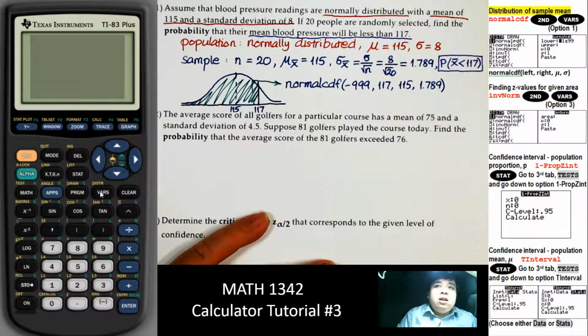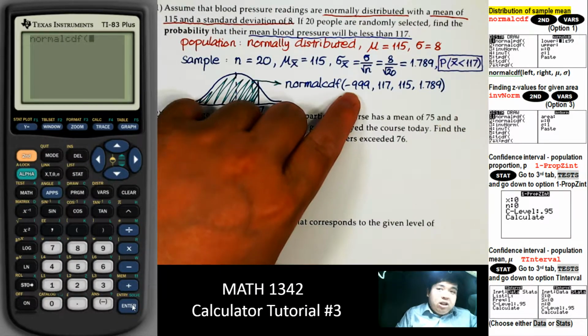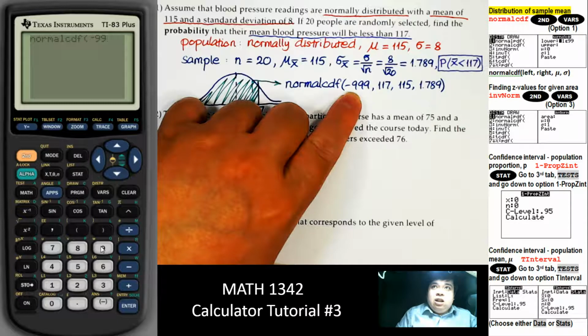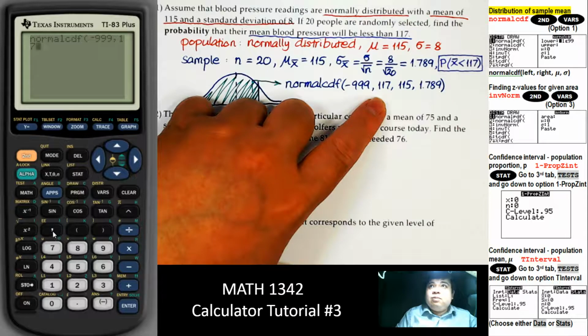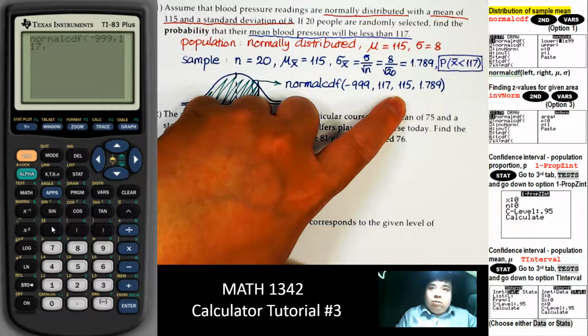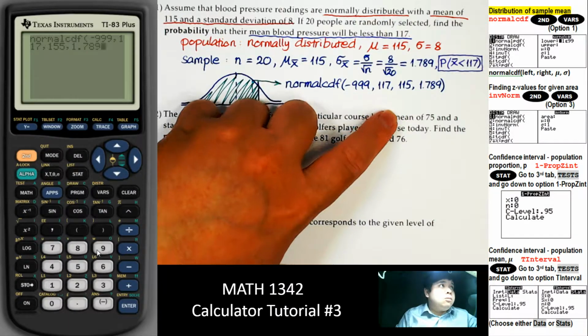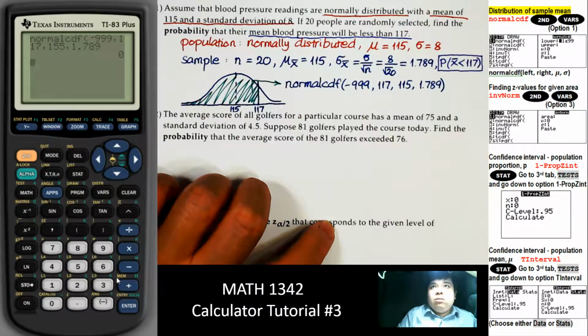So second variable, normal CDF, we have to enter exactly like this. Oh, sorry, I did the wrong one. This will be 115.